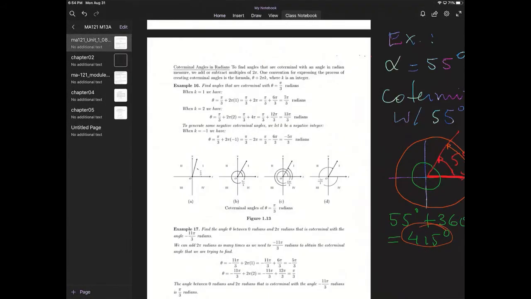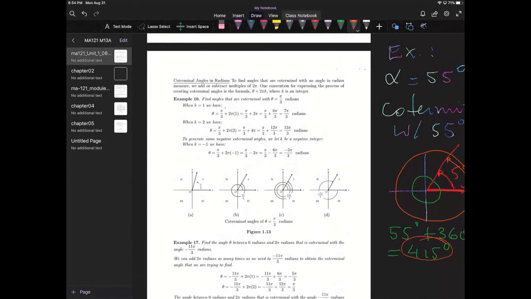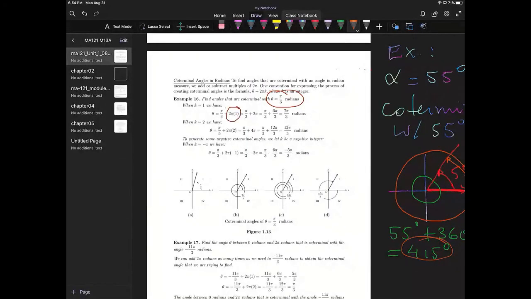Example number 6 is already solved, right? So it's taking the angle pi over 3 and adding the equivalent in radians of 360 and subtracting the equivalent of 360 as well. So if you add 1 time 360, but in radians, you're going to get another coterminal angle.